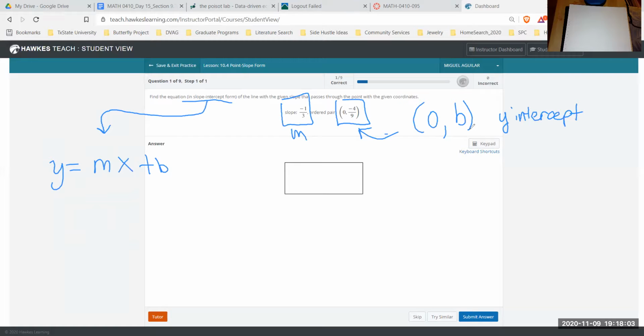So they've cut out a lot of the work for us. So we'll just go back to our equation and say that this is y is equal to something x plus something else, or minus something else depending on the sign. And then we'll just plug in our values that they give us here. M is going to be negative 1/3. And then this is minus 4/9.